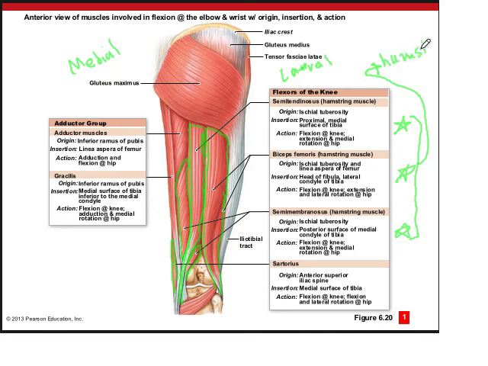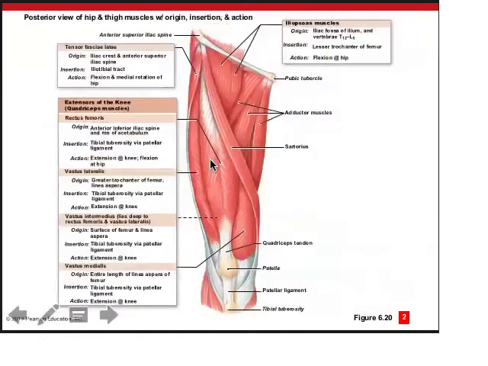Athletes injure these a lot. Why? Because a lot of times athletes will be running and stretching the leg out really far in front of them to get a ball, say, that's going out of bounds, and what will happen is that they will overextend the muscles in this group, and it feels like a hot knife going into the back of your thigh, and after that you're done for the day.